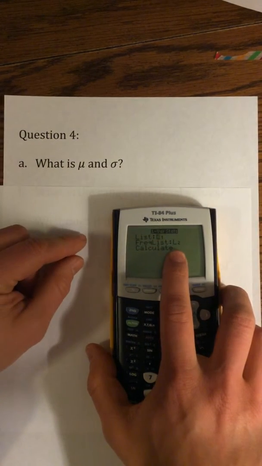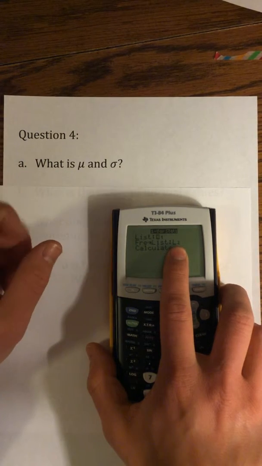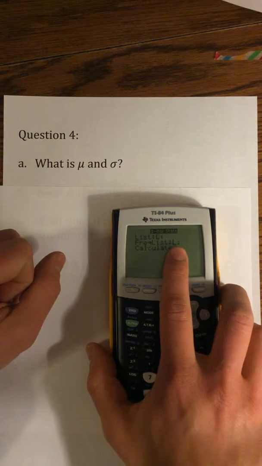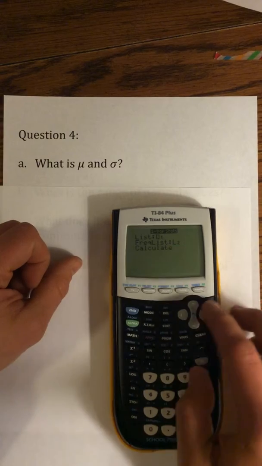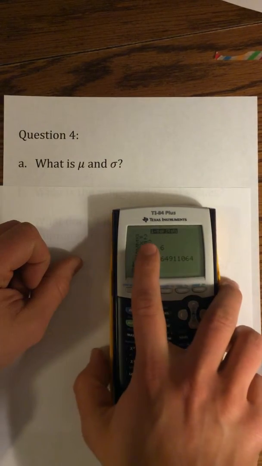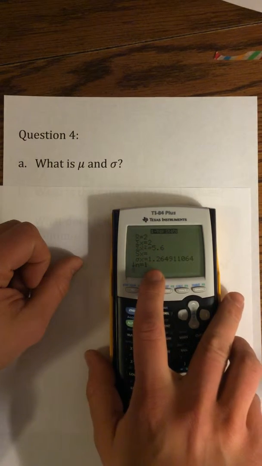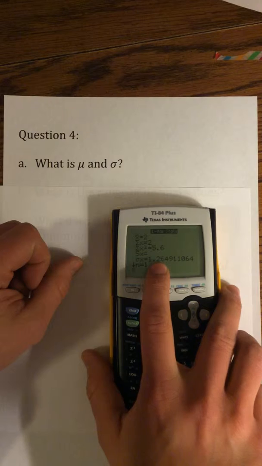And then this is the important part: don't forget list 2, because they're not all equally likely. Getting 2 correct is not the same probability as getting 10 correct. So I need to include the probabilities here for list 2, and I go to calculate. There's my mean, and there's my standard deviation. So my mean is 2, and my standard deviation is this.